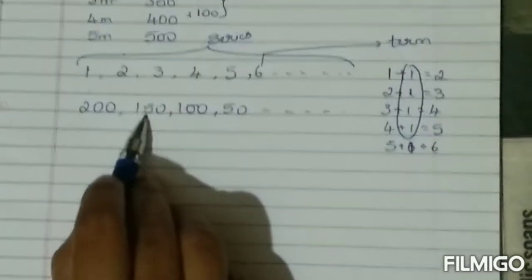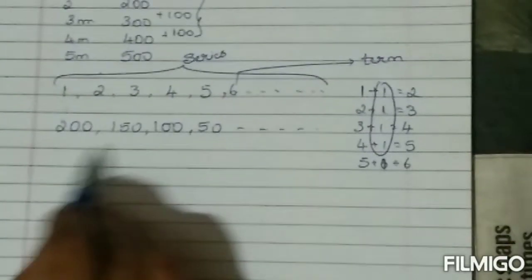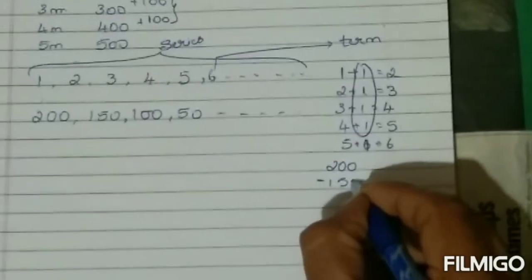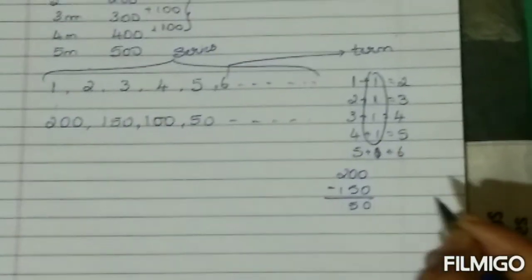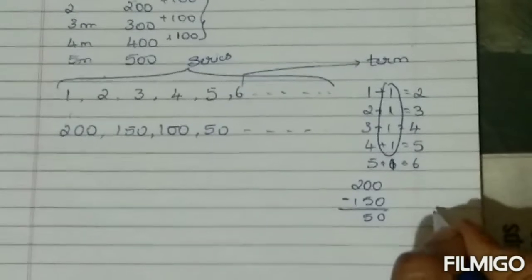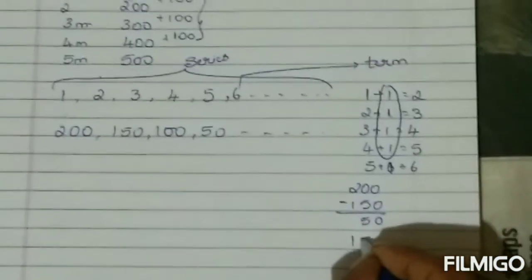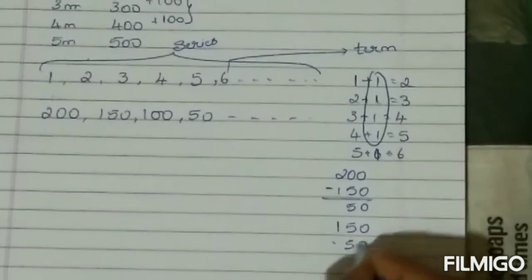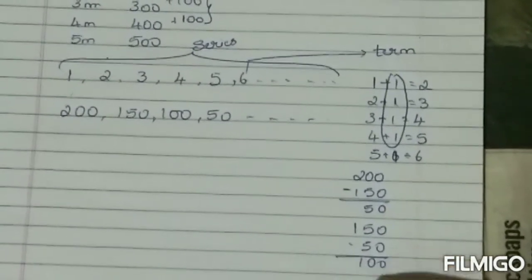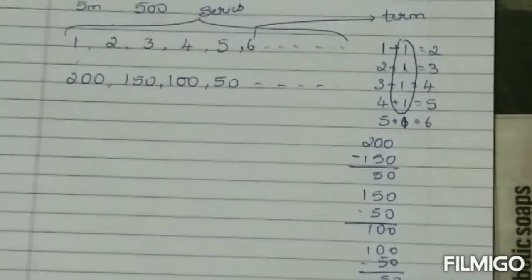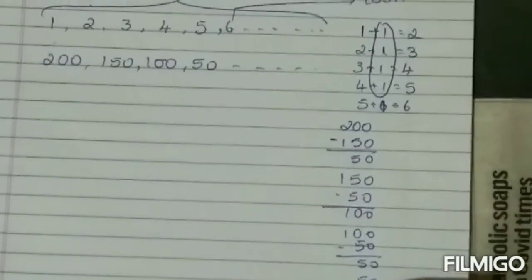Next one here, we can see it is in decreasing order. 200 minus 150 is 50. The common difference of 150 minus 100 is 50. 100 minus 50 is 50. 50 minus 50 is 0.